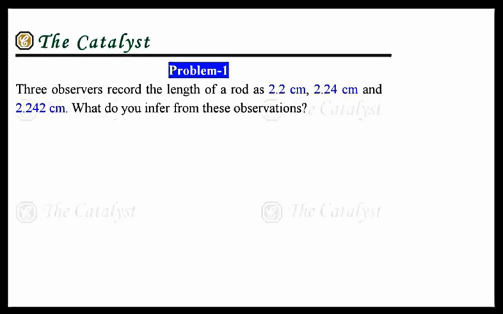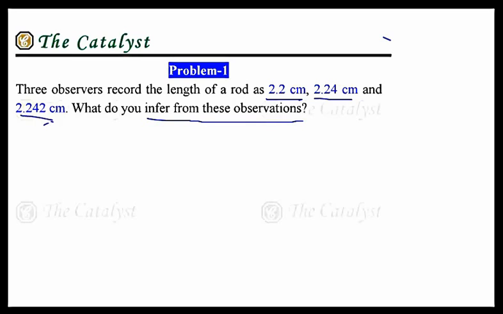Now, very simple problem. Three observers record the length as 2.2 centimeter, 2.24 centimeter and 2.242 centimeters. Now what can we infer from these observations?